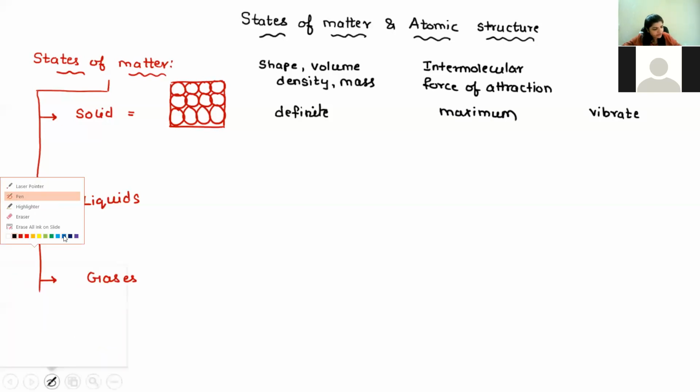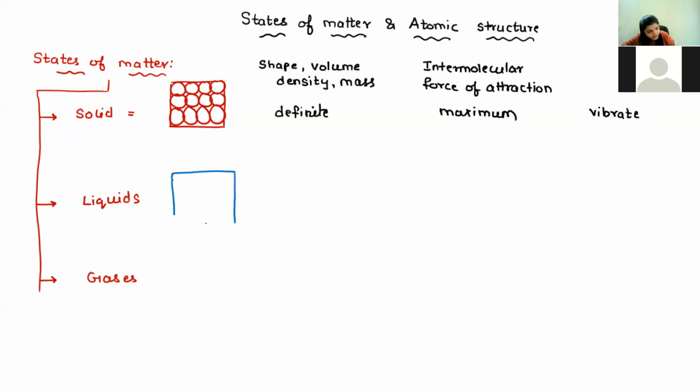Talking about liquids. In liquids, the molecules are a little bit far apart. So what about liquids? Do they have a definite shape? No, it's indefinite. Yes, it takes the shape of the container. That's correct.